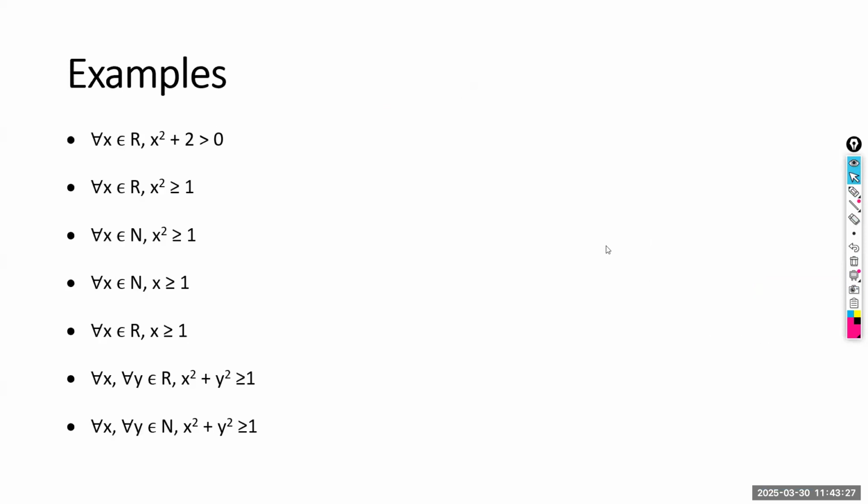Right. So let's take some examples. If someone says for all real numbers, x squared plus 2 is greater than 0, it's a proposition, but it's a predicate type proposition. Is it true? True or false? You must be able to say true or false.